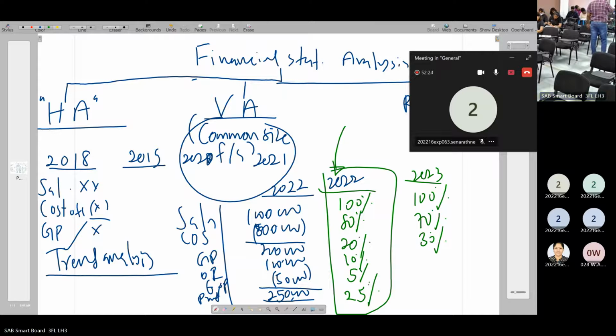Some use profit after tax, some use profit before tax. That is perceptional. Perception level. That's another limitation.